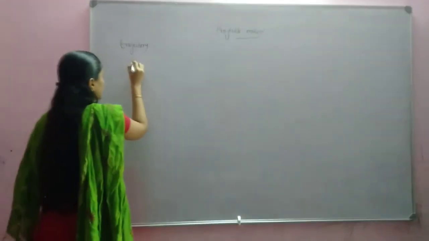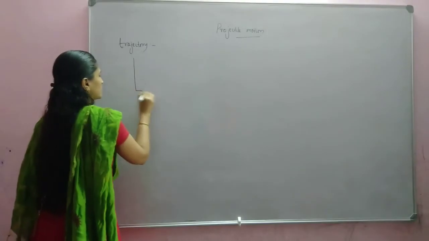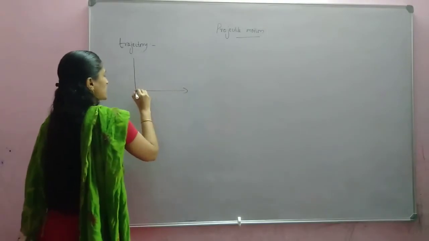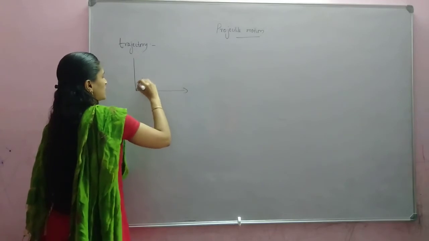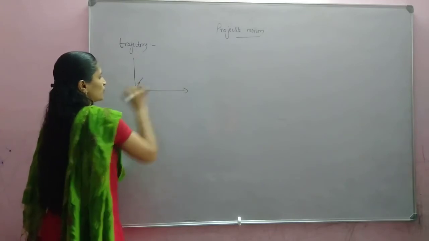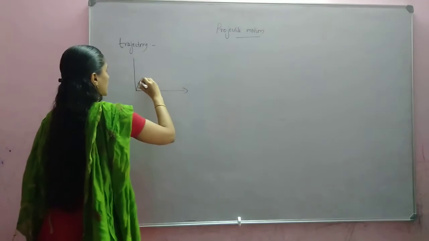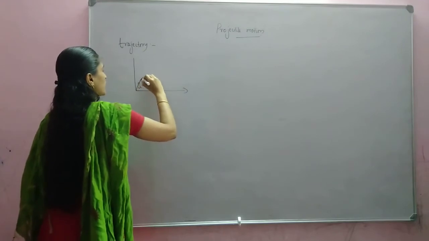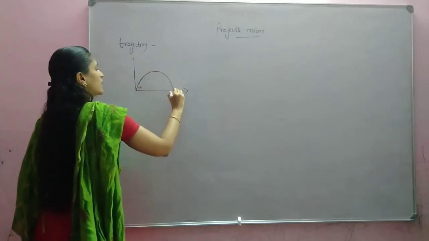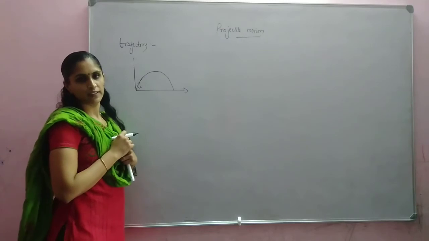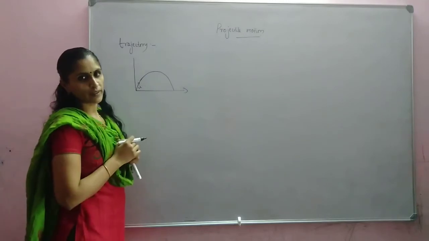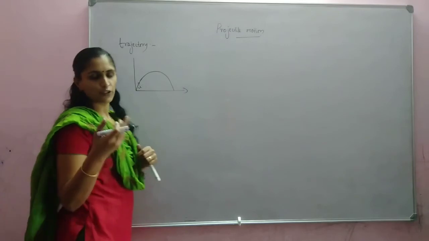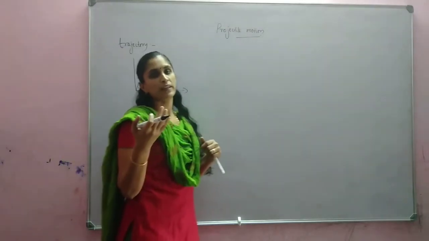Here we can see that we are throwing an object from the origin with some initial velocity v. Once it is thrown, only gravity is acting, because of which the path followed will be a parabolic path. We can show mathematically also that the path will be a parabola.